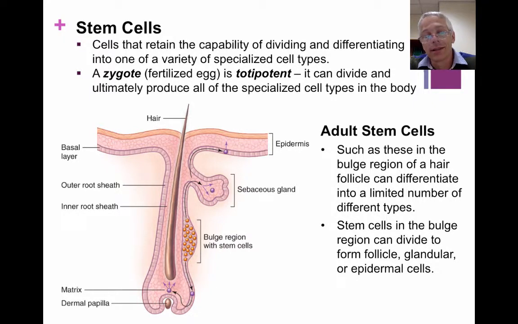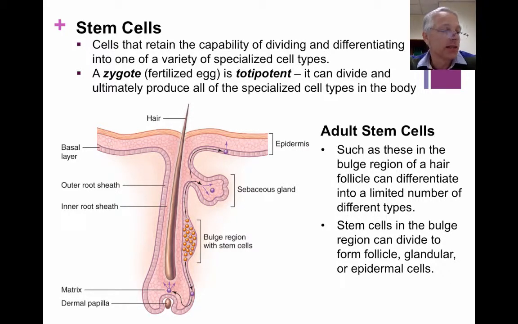When you were a single cell, not long after the sperm fertilized that special egg, you were totipotent. That single cell could divide and ultimately differentiate into every one of the specialized cell types that make up your body. So as an early embryo, our cells are totipotent.